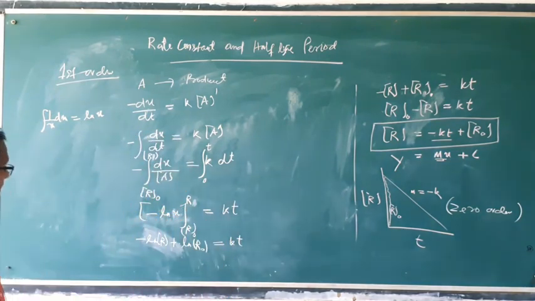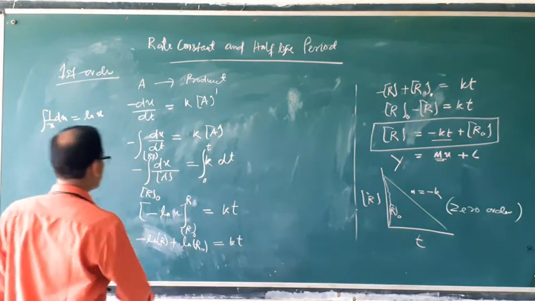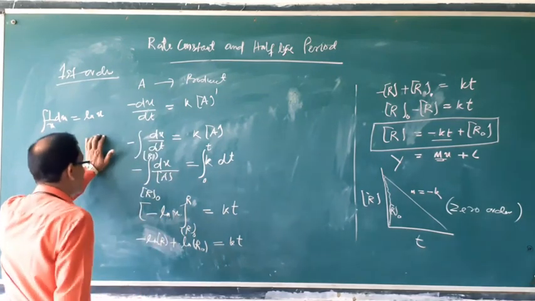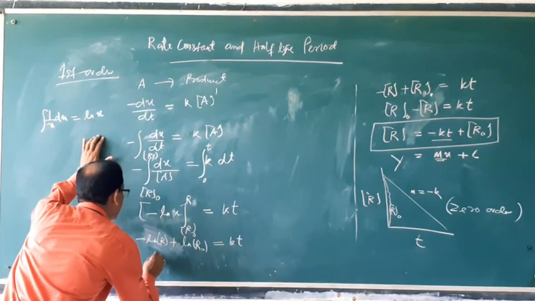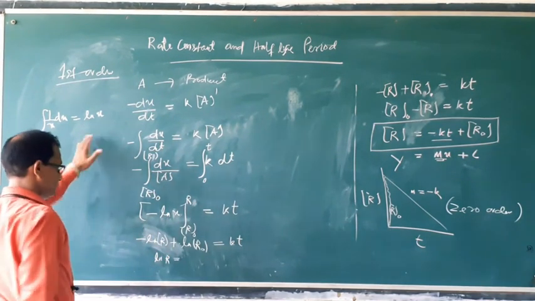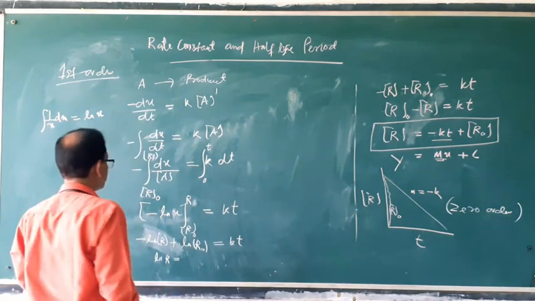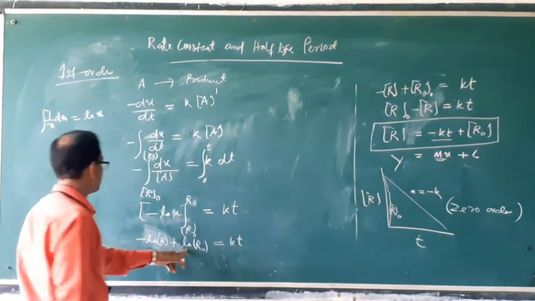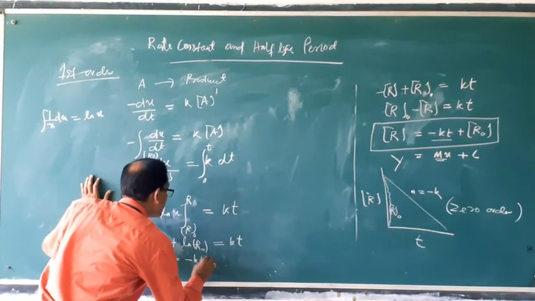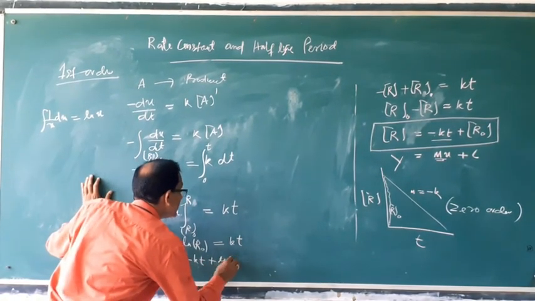I forgot to write ln. So if you arrange it, then ln r is equal to, if you take that side, minus multiplied by minus, ln r will be minus kt plus ln r0.